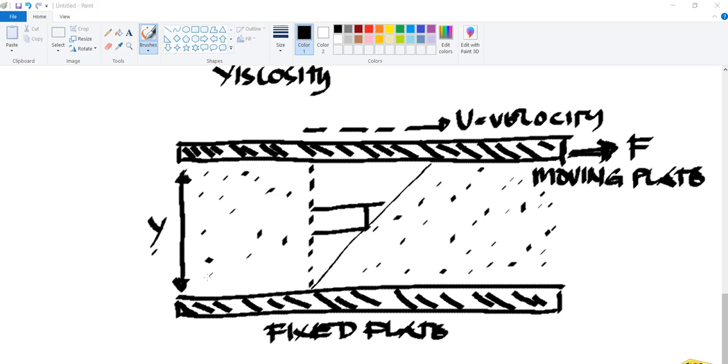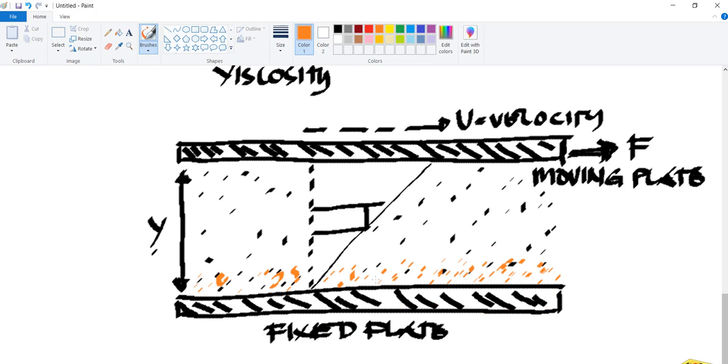While the fluid at this part below, so let's color it a different color, will have a zero velocity corresponding with the fixed plate.